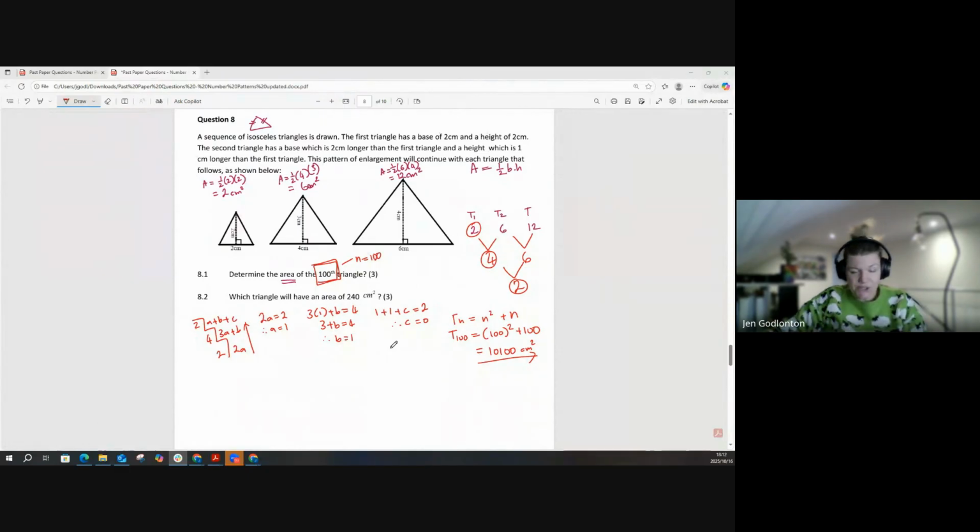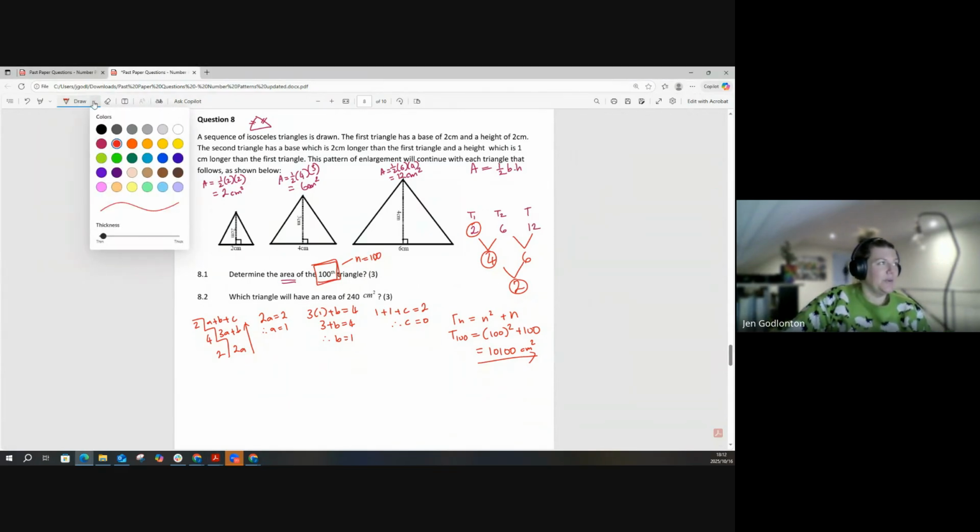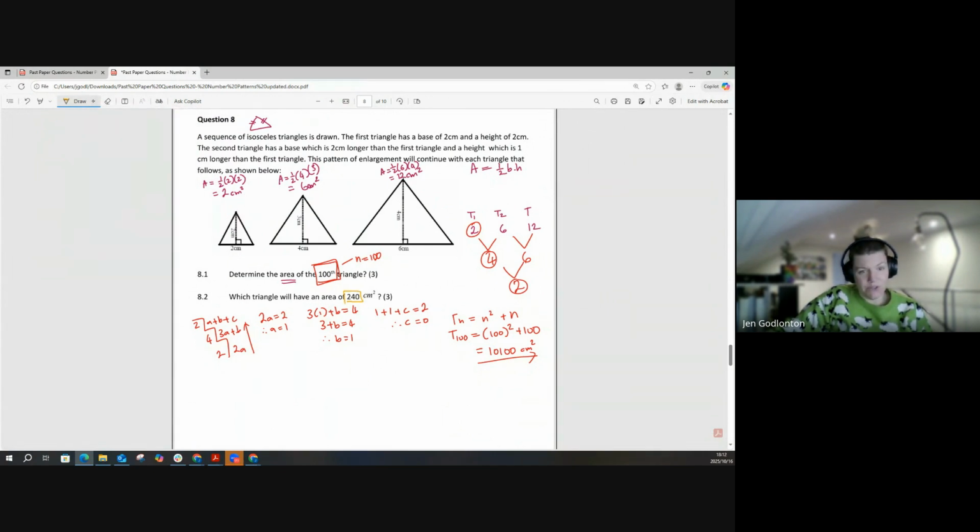For 8.2, it's now asking us to basically go backwards. It's saying, cool, you've already figured out the formula, but which triangle will have an area of 240? So it's telling us that the Tn is 240, and we want to know what the n is. And we have our formula already, so our life is okay. So for 8.2, Tn is equal to n squared plus n. And now they've told us that Tn is 240. So this is going to be n squared plus n equals 240.